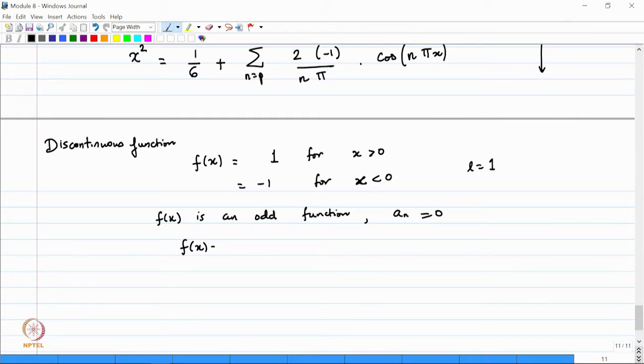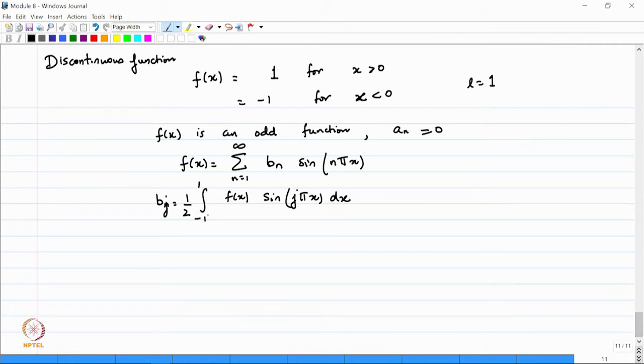So, f of x is equal to the sum over n equal to 1 to infinity of b n sin n pi x, L is 1, where b n is the integral from minus 1 to 1 of 1 by 2 f of x sin j pi x dx.